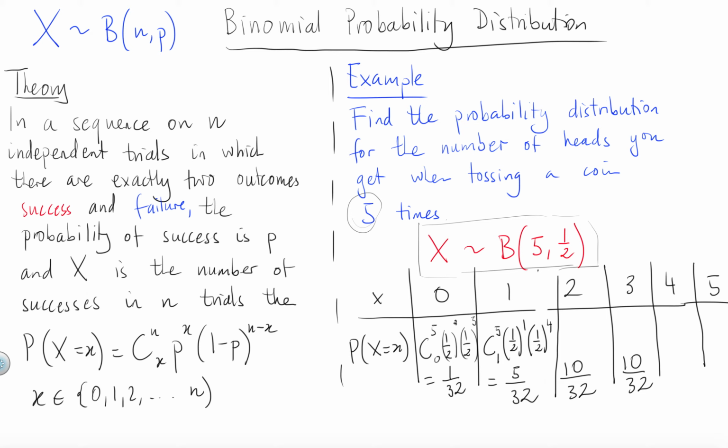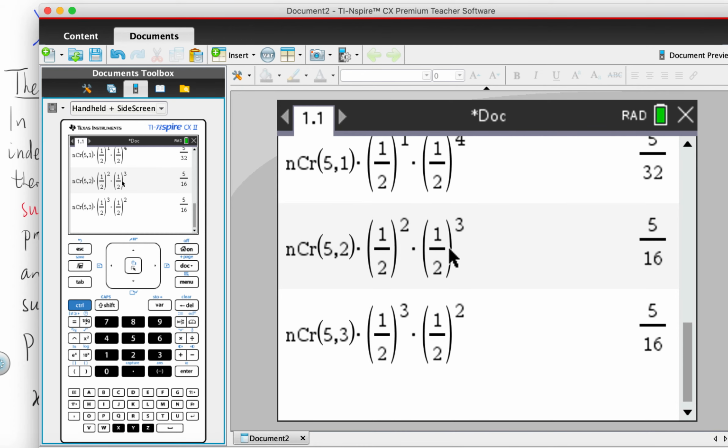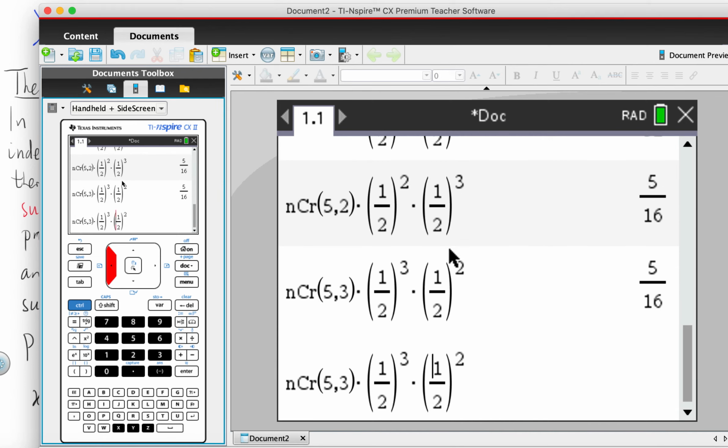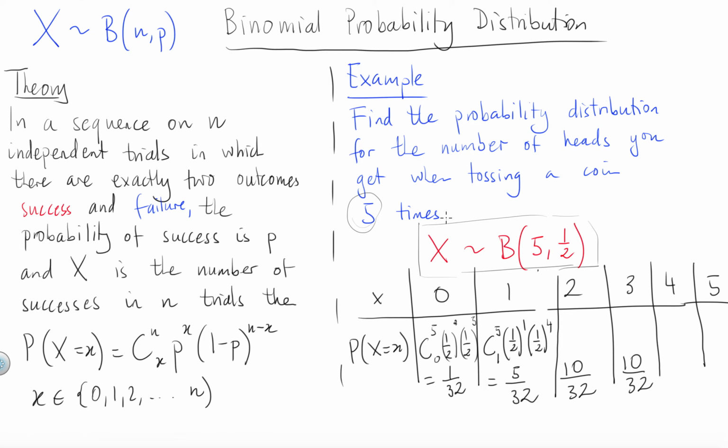And then I think this probability distribution is symmetrical, so let's just do that for completeness. Notice that the coefficients of these two always add up to n. 4 plus 1 is 5, 3 plus 2 is 5, 2 plus 3 is 5, and so on.